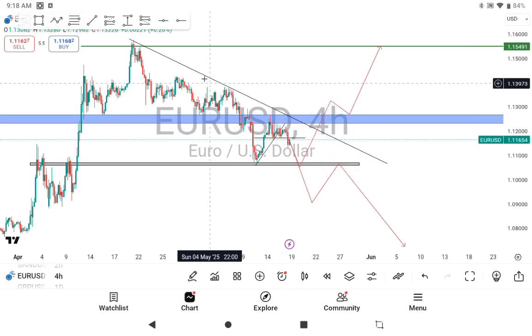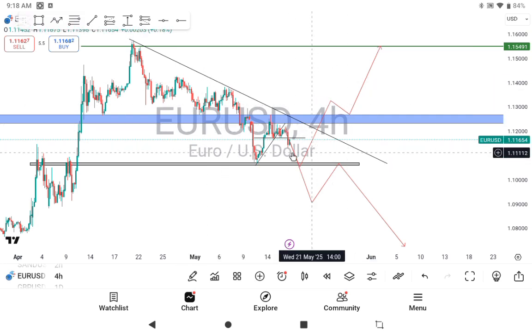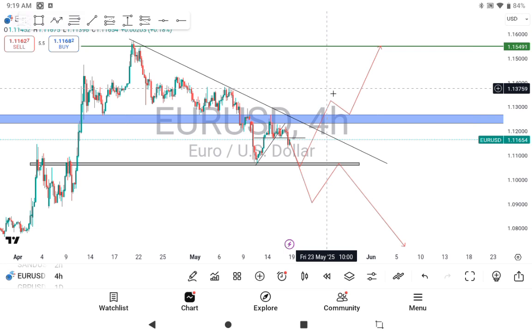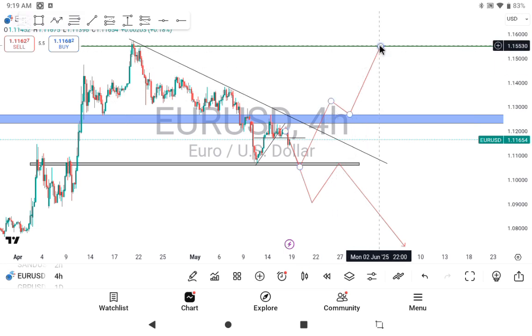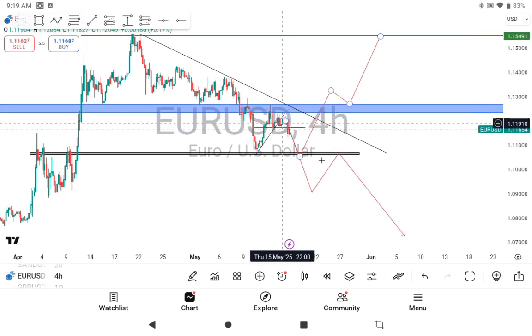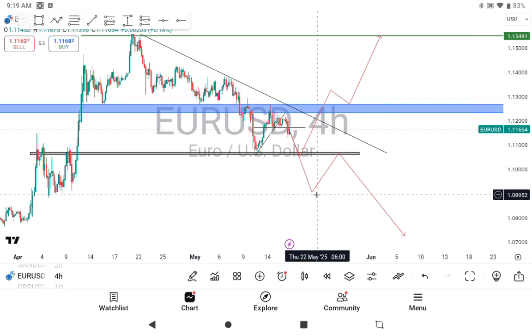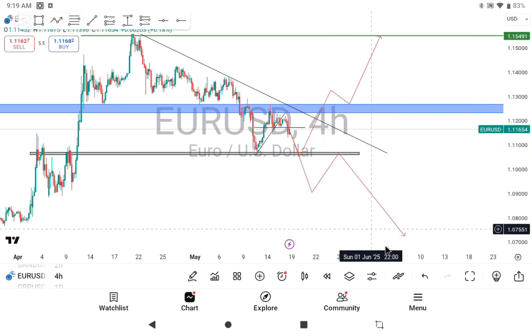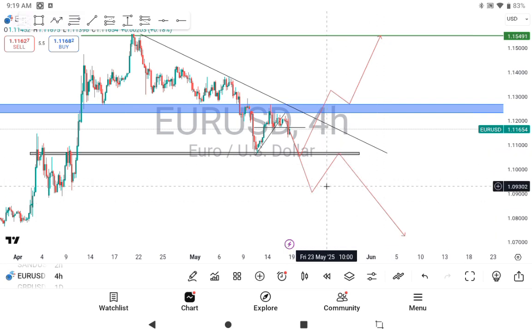We might see Euro USD price attempting this trend line, break out of it, and come right here to attempt this level again. If the level is taken out, Euro USD will push up to the future level of resistance, and if price should get here, we pull back, we sell. So that is my prediction on Euro USD.